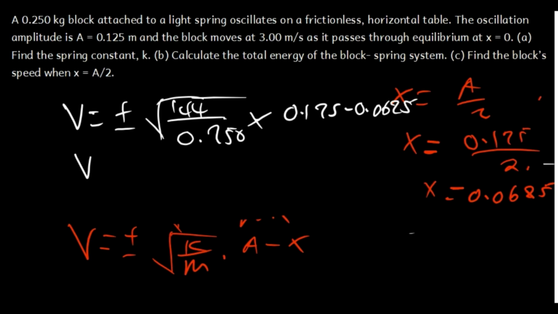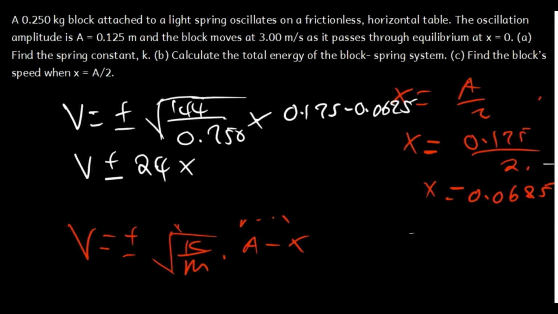So v, plus or minus, what are we going to have? We're going to have 144 divided by 0.250 first, then I get the square root. This is giving me 24.